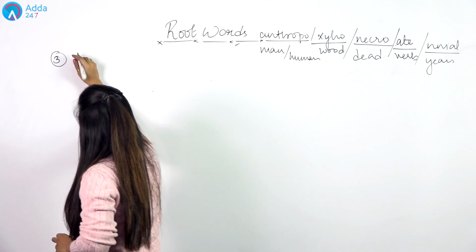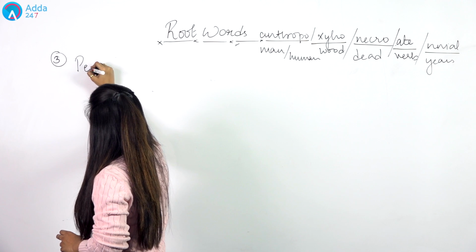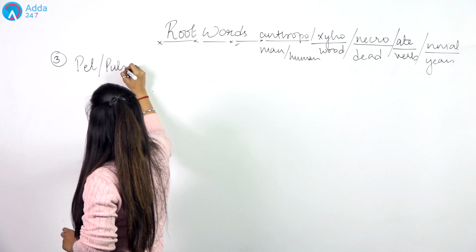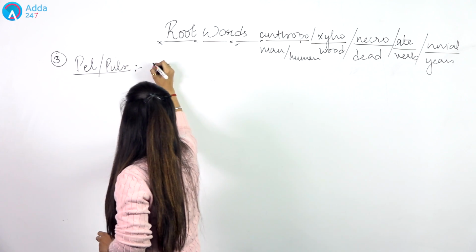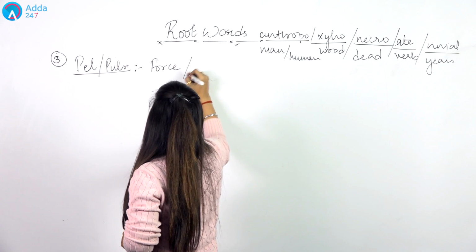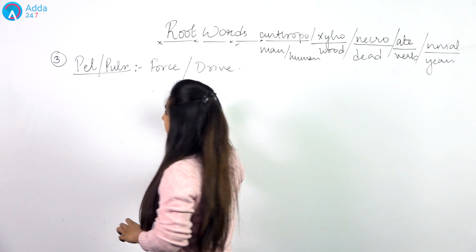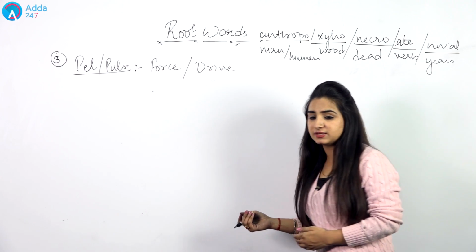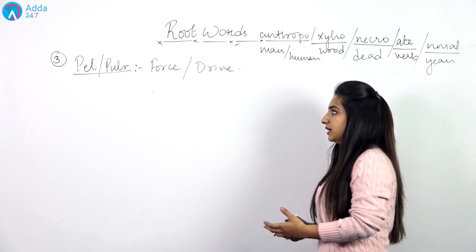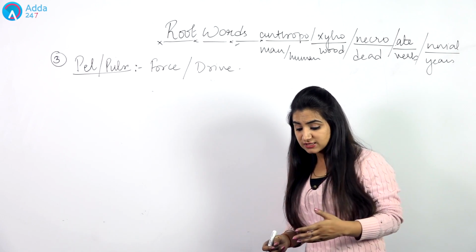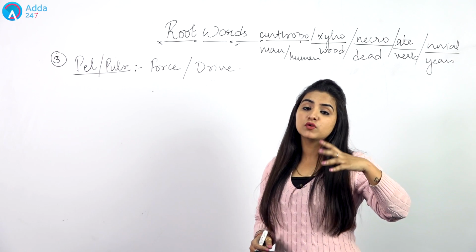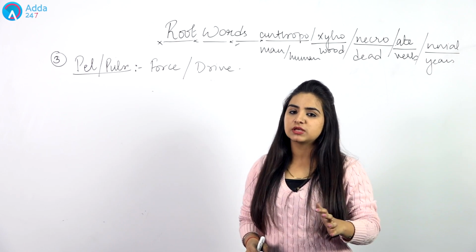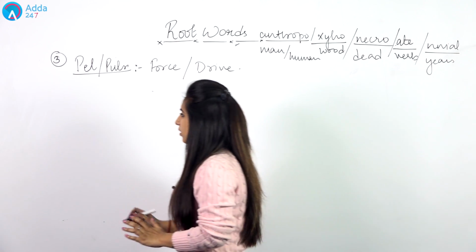With this we come to the third word, and that is P-E-L or P-U-L-S. Both of them define force or drive. Compulsion is what we mean by this. Coercion is what we mean by this. Forcefulness, if you provoke somebody, or if you force somebody to do something, that is what we mean by pel or puls.